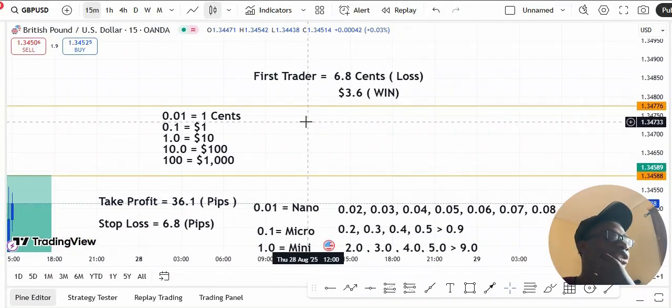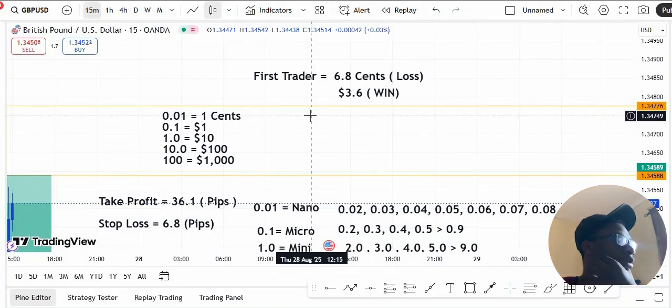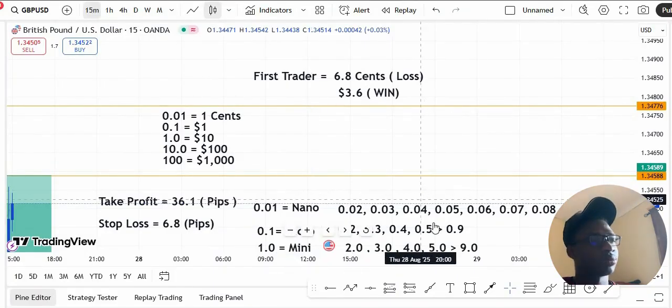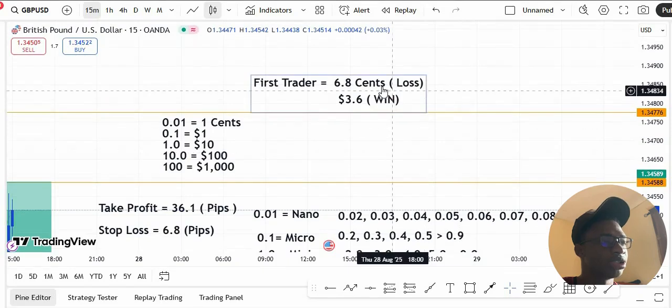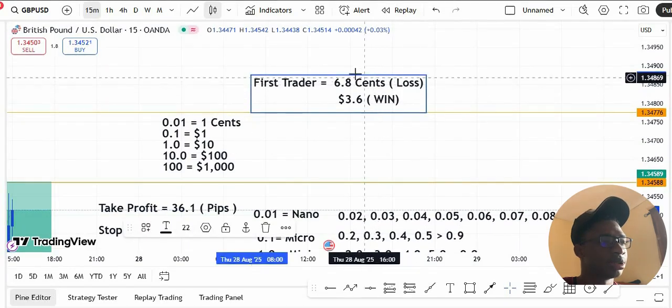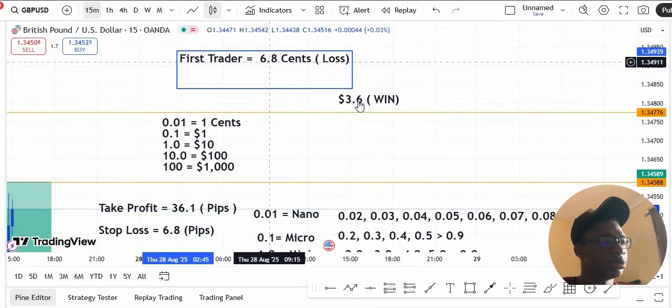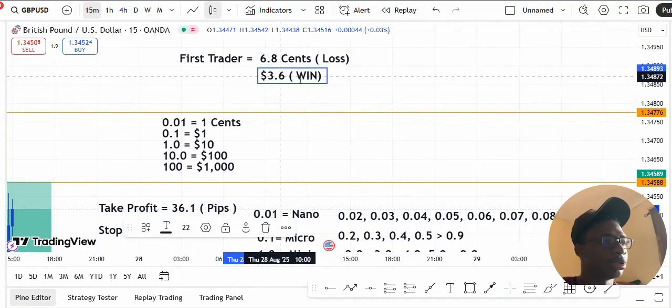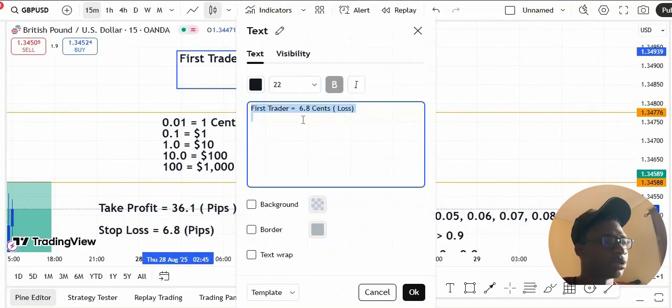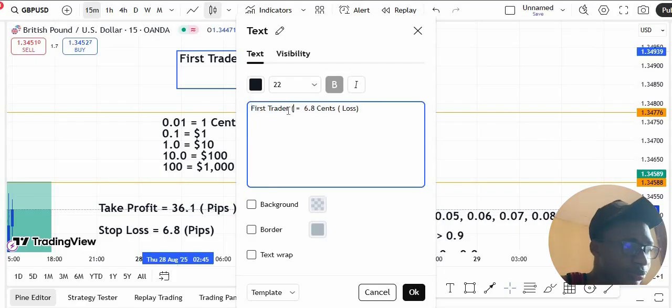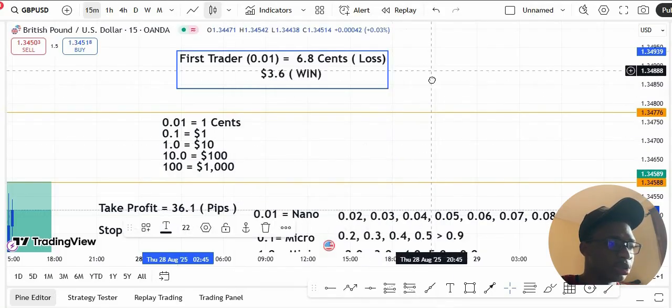Right, so that is the first trader with 0.01. This first trader is what I call the 0.01 trader. That's the first trader.